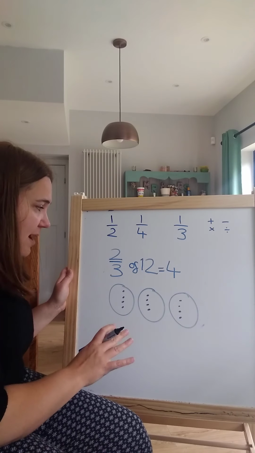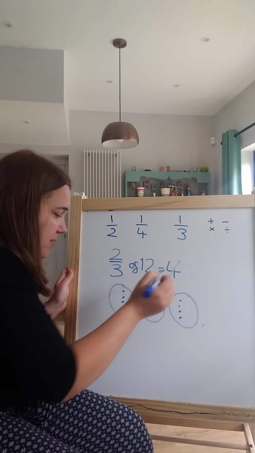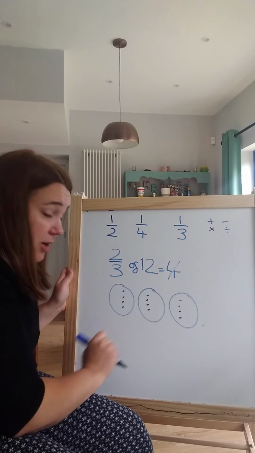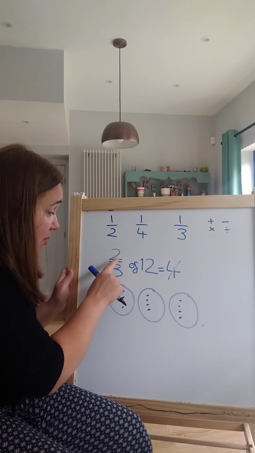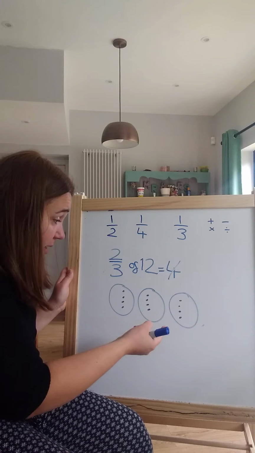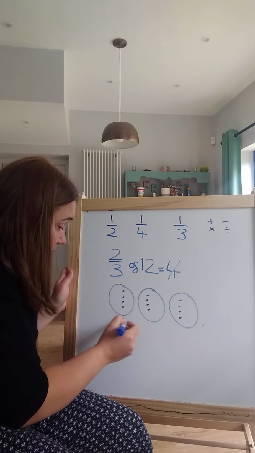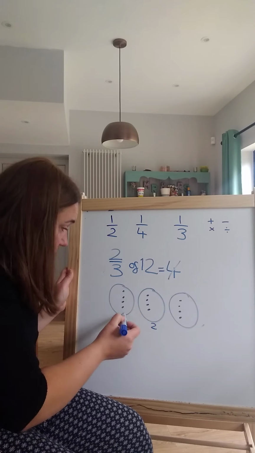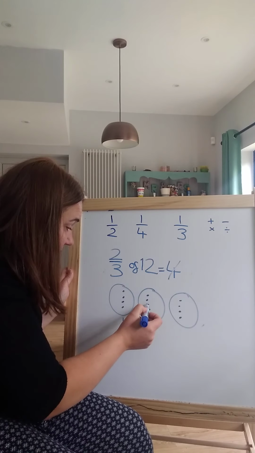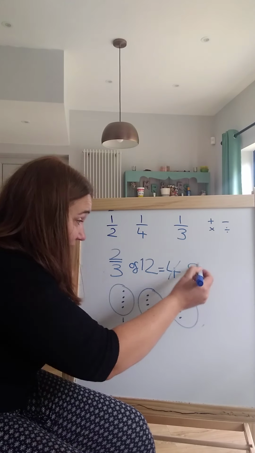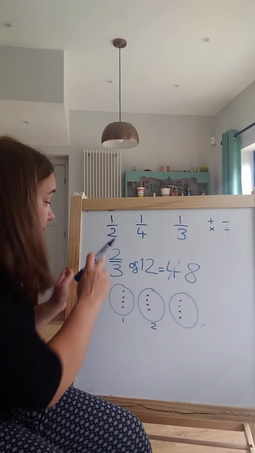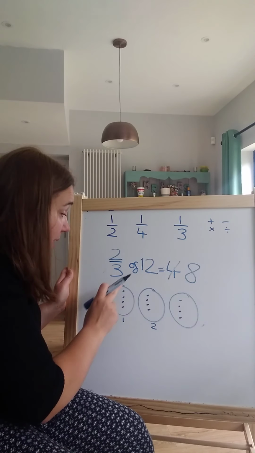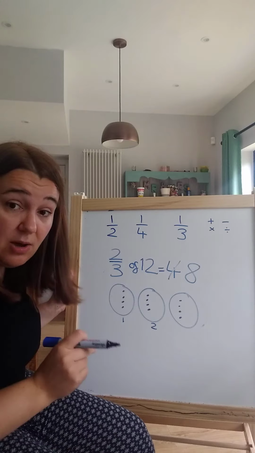Instead of just counting one of those circles, it's asking how many are in 2 out of those 3. So I count 1, 2 up. I know I've got 4, so 4, 5, 6, 7, 8. And that's it. That is all it is when that number changes on the top. It's asking how many of the circles you are counting up.